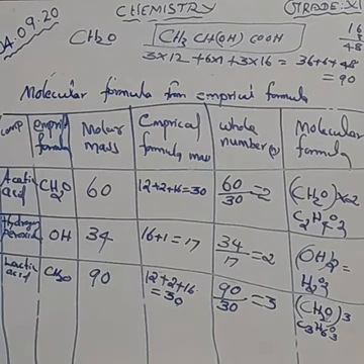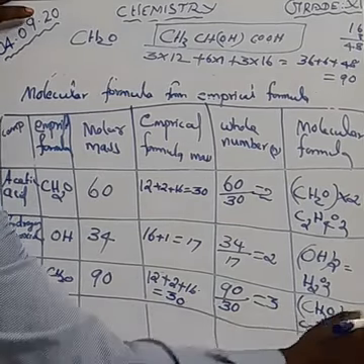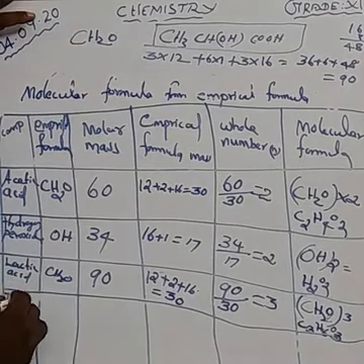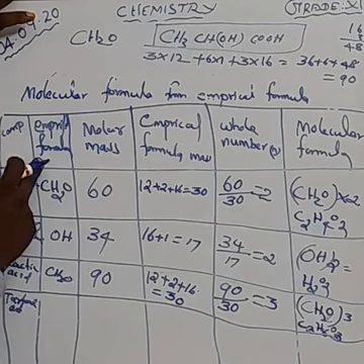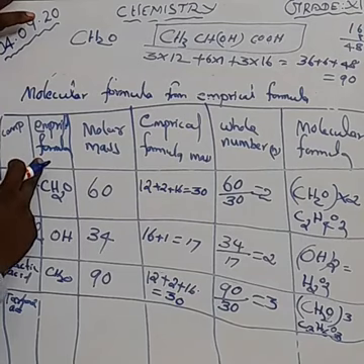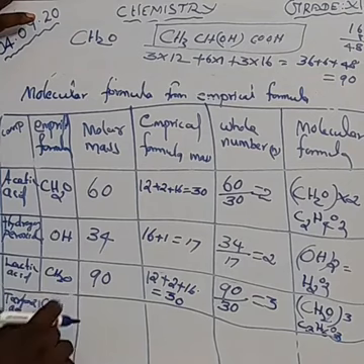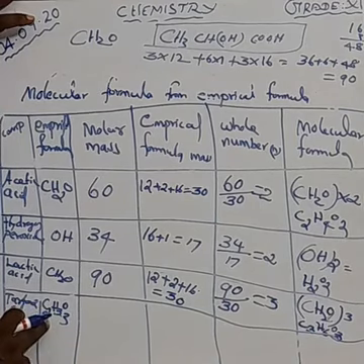Okay. Next about tartaric acid. The empirical formula for tartaric acid is C2H3O3.